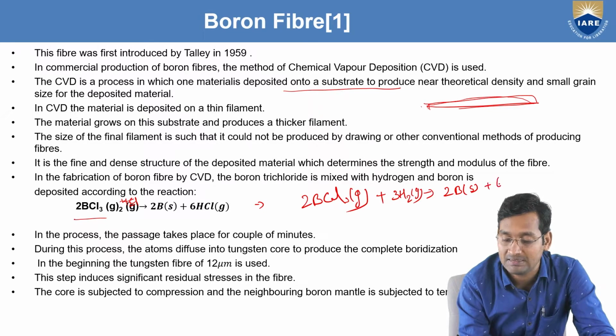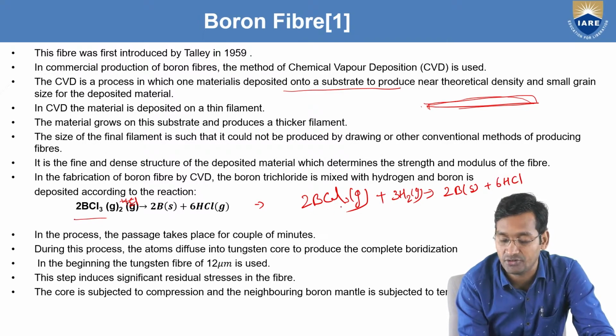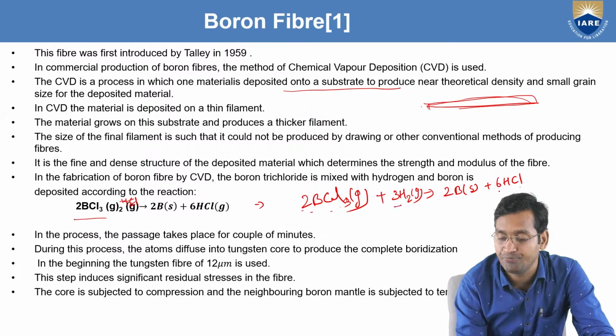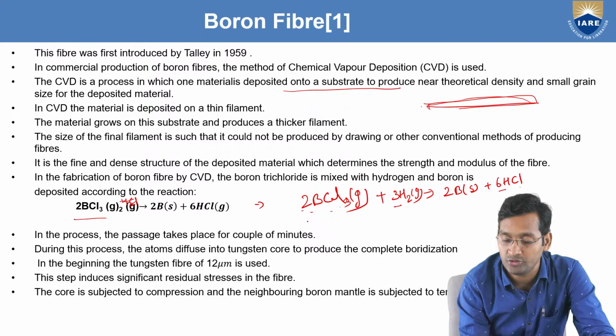So now just see whether this is balanced or not. This is 2BCl3, so total 6Cl we have. 6Cl is correct. 3H2 gives 6H. Okay. So 2B. So this is the final reaction.